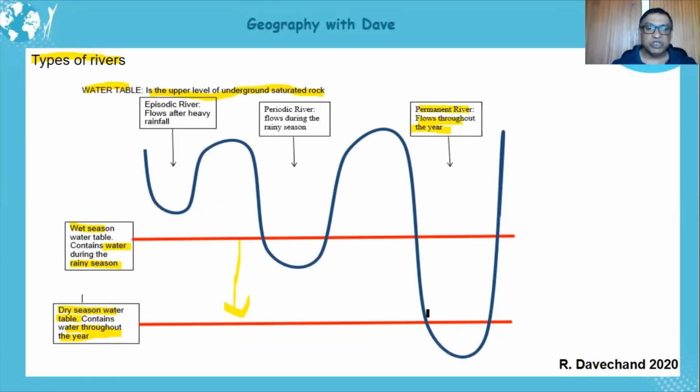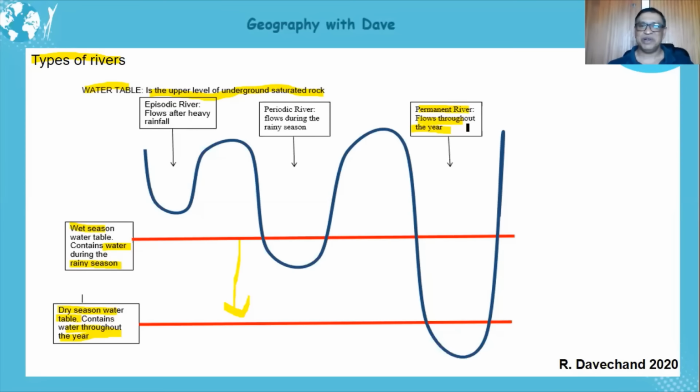But it also cuts the dry season water table. And what is the dry season water table? It contains water throughout the year. And because the dry season water table contains water throughout the year, this river will flow throughout the year. We need to ask the question, why does it flow throughout the year?